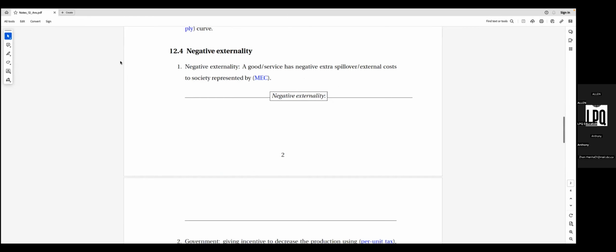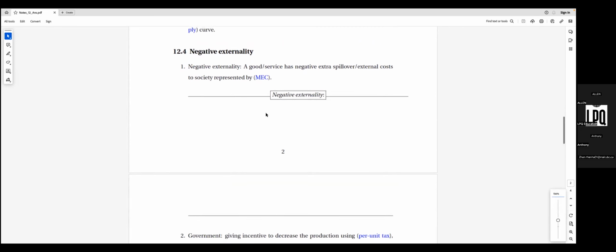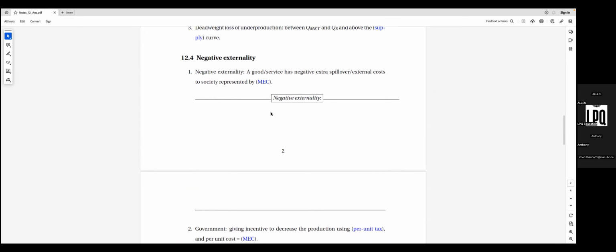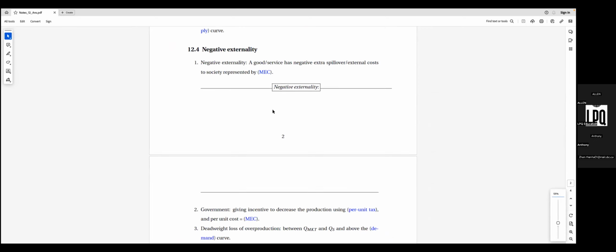The next model we need to build is negative externality. Pretty much it is the same thing, but this time we consider everything in the opposite way.